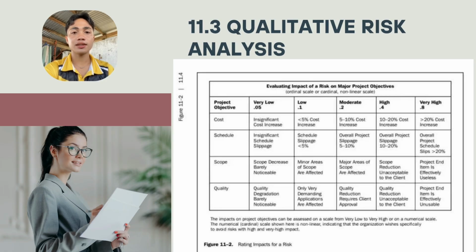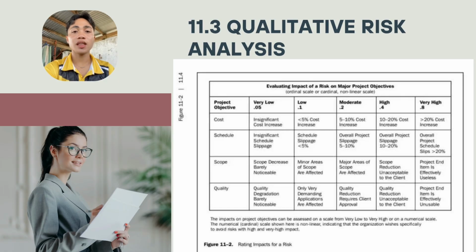The non-linear scales. Kabantay mo sa numbers, they are not just 1, 2, 3, 4. They jump from 0.4 to 0.8. This is a non-linear scale, which means our organization is very risk averse.